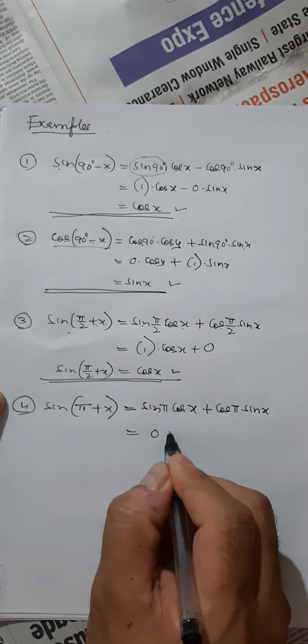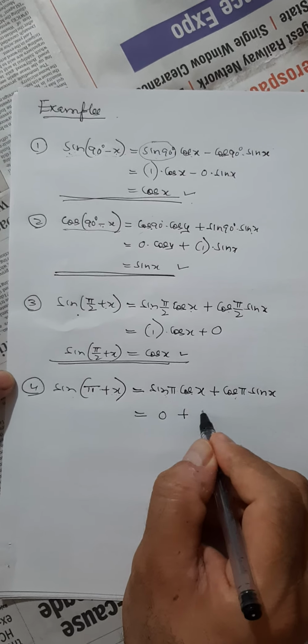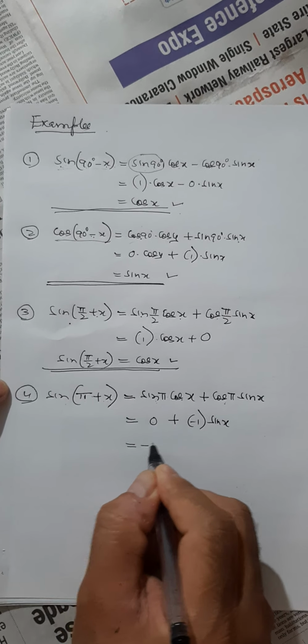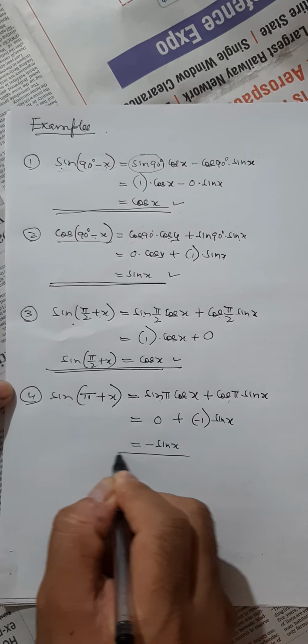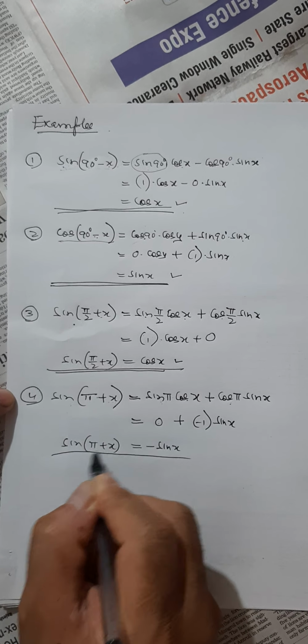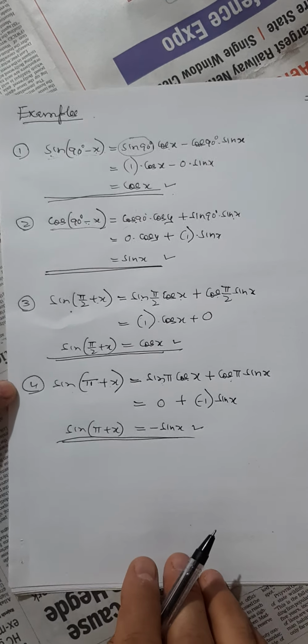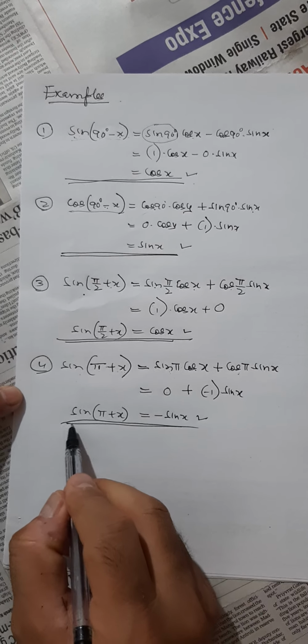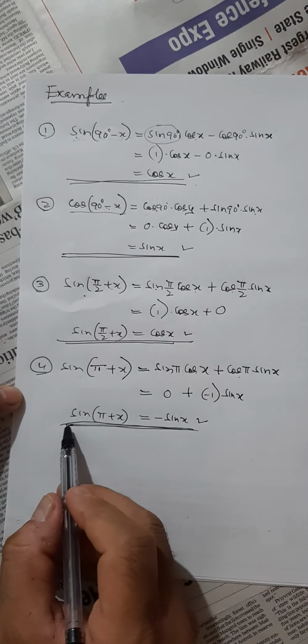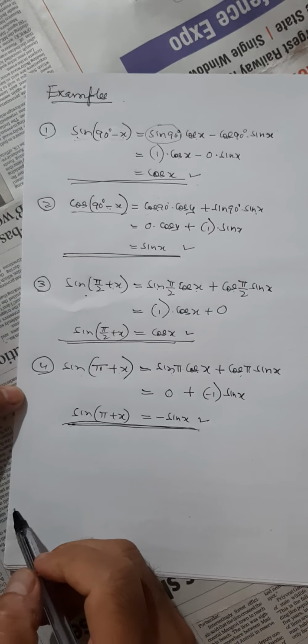So 0 into something, that's 0. What is cos pi? You know, minus 1 into sin x. So here you are getting minus sin x. So sin(pi plus x) equals minus sin x, remember. Okay, so we have this one here.